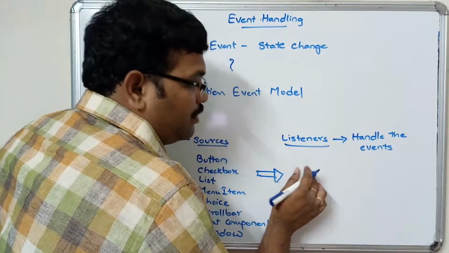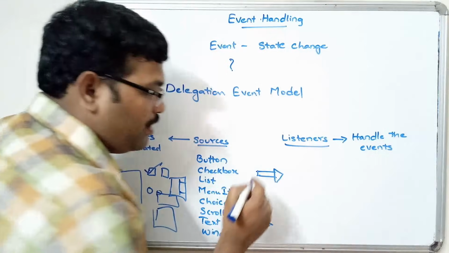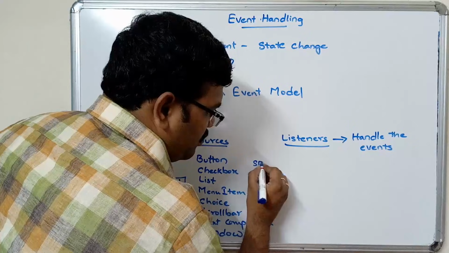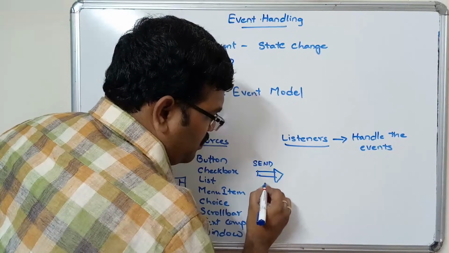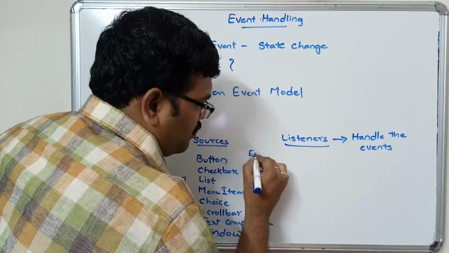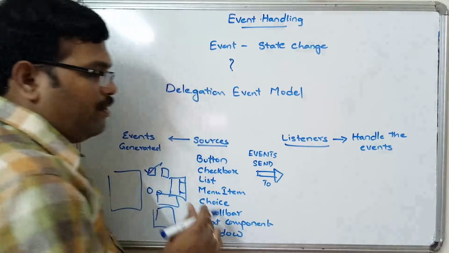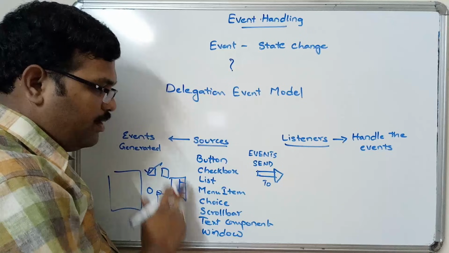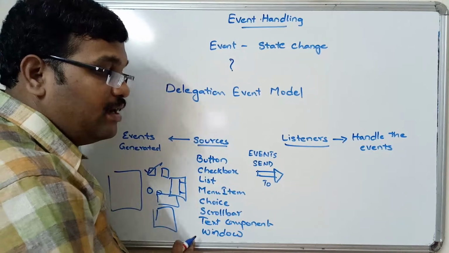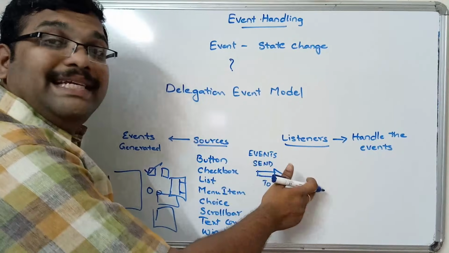So from these sources events will be generated, and whenever the event is generated, those events will be sent to listeners, right? See, whenever the events are generated from these sources, those events will be sent to these listeners.